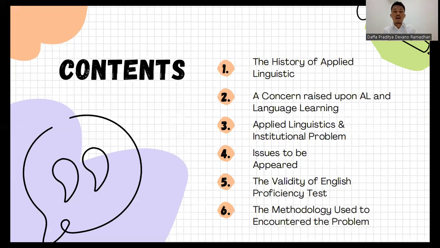So here are the contents that I would like to discover more and disclose to you. The first is the history of applied linguistics, and secondly is a concern raised upon applied linguistics and language learning, third is applied linguistics and institutional problems, and fourth is issues that appear around this topic, and the fifth one is the validity of English proficiency tests, and last but not least is the methodology used to encounter the problem.